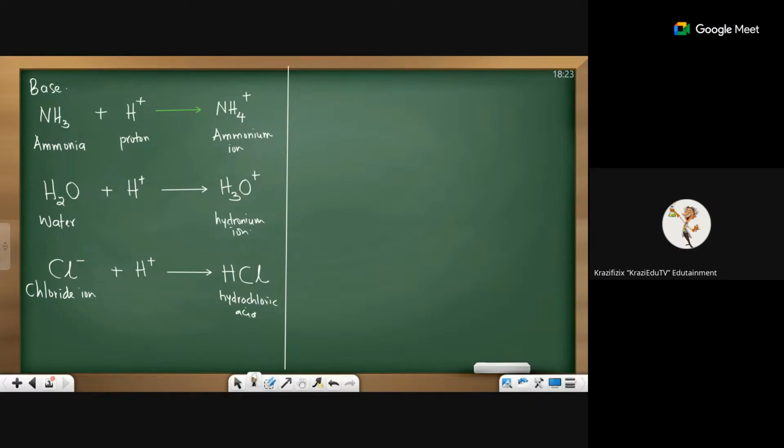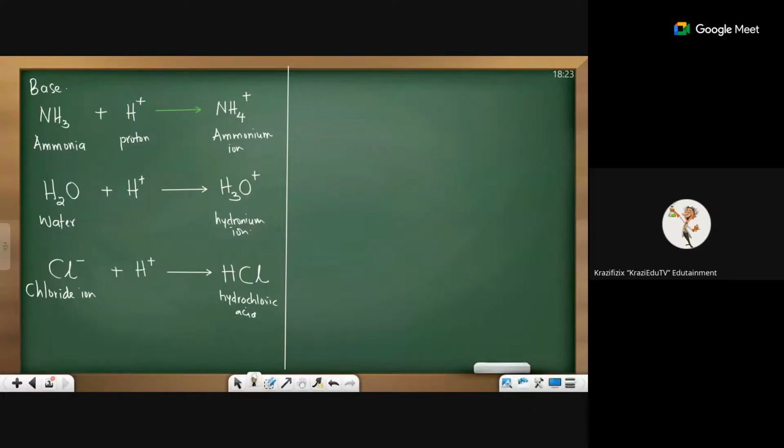So that is my first definition of an acid. An acid is a proton donor and a base is a proton acceptor. Are we on the same page?